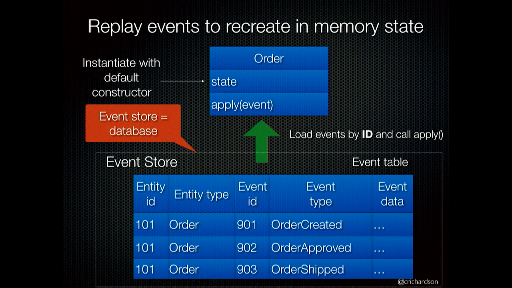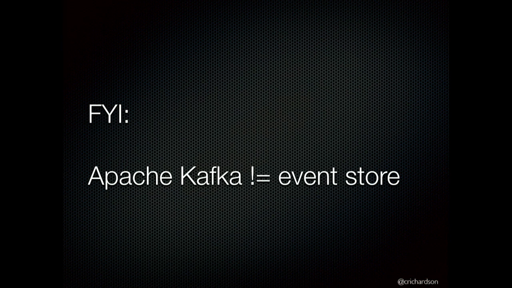So the key thing here is, in order to use this, you need to retrieve events by the ID of the aggregate, which means that just using a message broker like Kafka is not sufficient to implement an event store. You actually need the database part in addition to the messaging component.